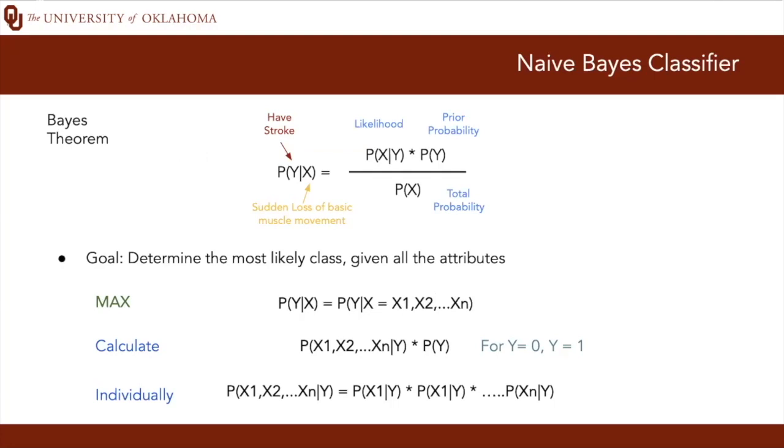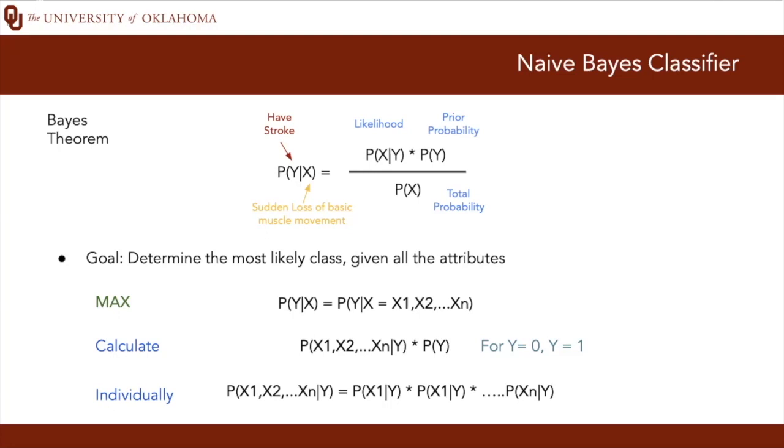The first machine learning algorithm we used for our model is the naive Bayes classifier, which is based on Bayes' theorem. It is a system where we update our prior belief based on new evidence. Bayes' theorem states that some hypothesis, for example having a stroke, is true given an event has occurred, let's say losing basic muscle movement.